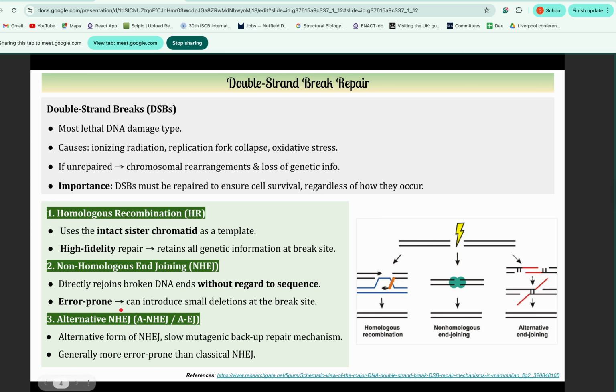That's why it is also called error prone, because it might introduce small deletions at the break site. Then comes alternative NHEJ, which is an alternative form of non-homologous end joining. It is quite slow and mutagenic as well, so there are chances of mutations or other changes, and it is more error prone than NHEJ.